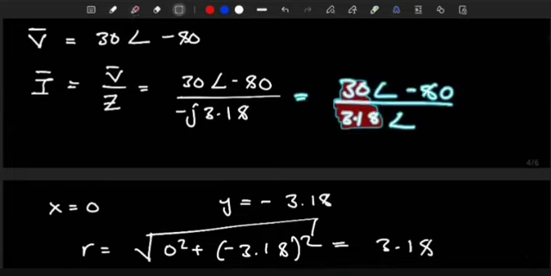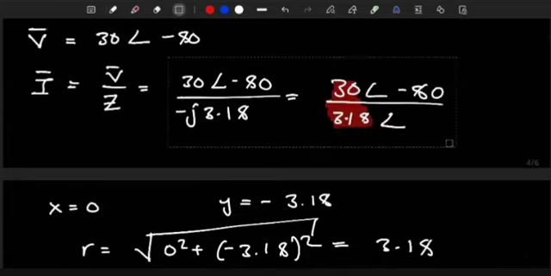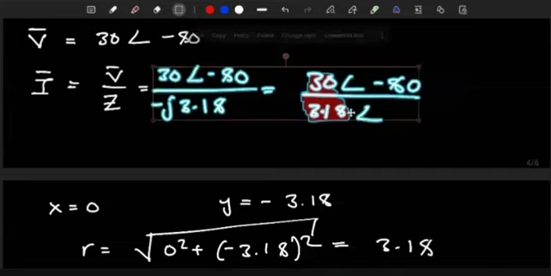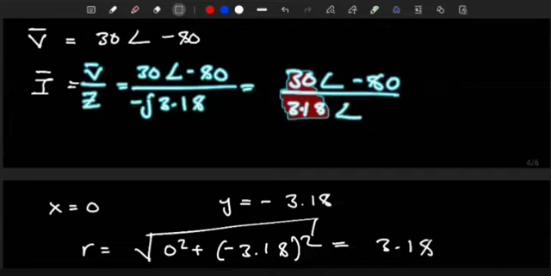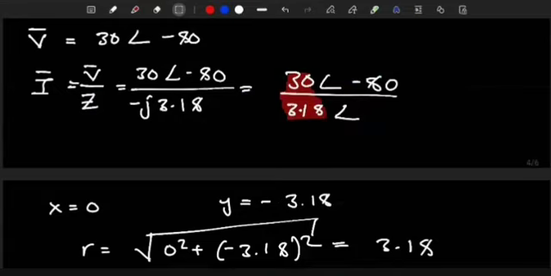So you can start seeing where your answer is, so that you know if you've made a mistake and need to revisit your work, or if you're on the right track. So I divide 30 by 3.18, and we get 9.42 as the peak current. All we now need is the angle.